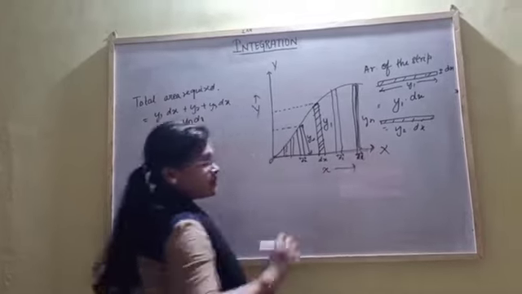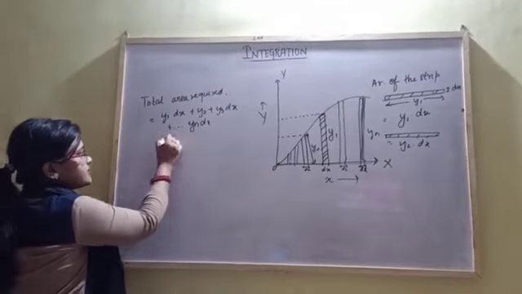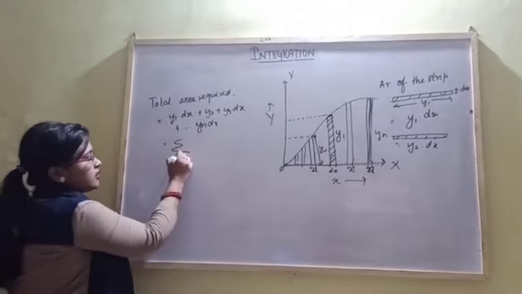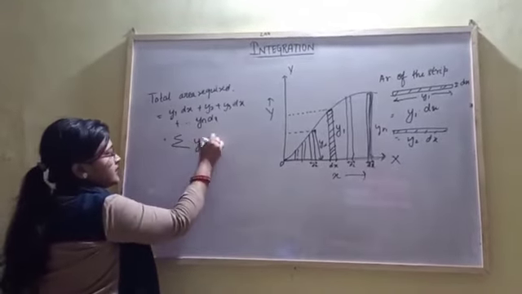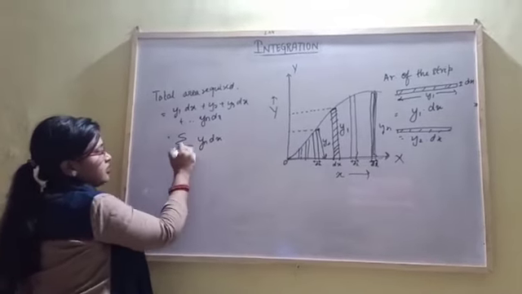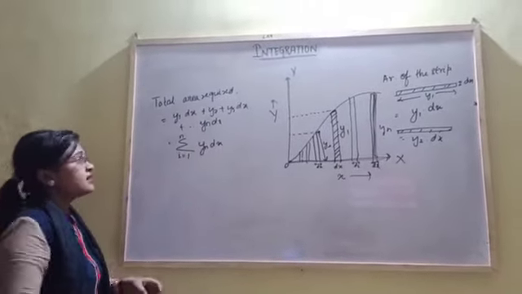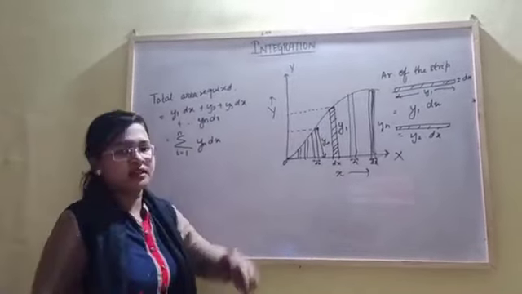So the total sum can be written as the summation of yn dx, where n goes from 1 to n. Clear? This is the total area of this curve.